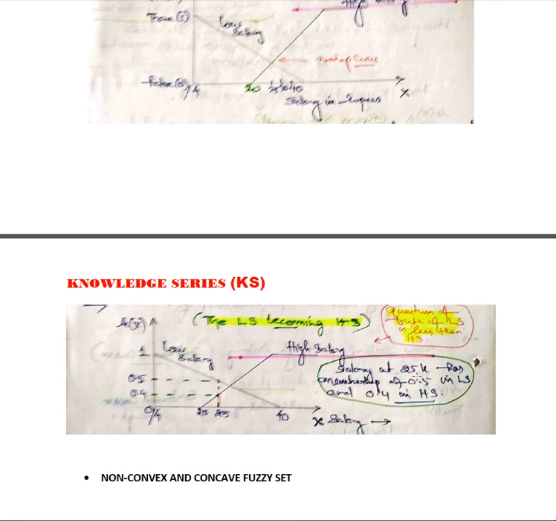So the salary at 25k has a membership of 0.5 in the low salary, LS, and 0.4 in the high salary, HS. That is what I mean to say. So the low salary shows a higher membership value, whereas in this case at 25k the high salary shows a lower membership value.